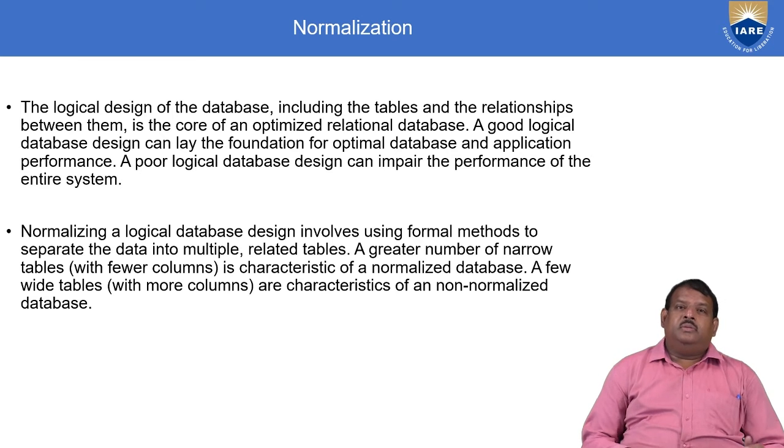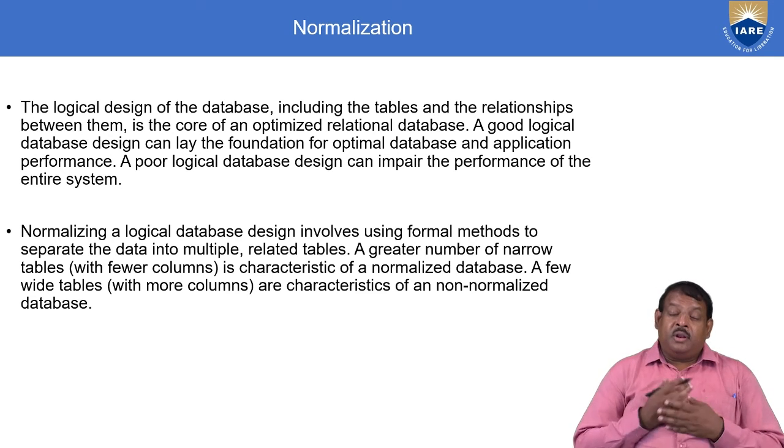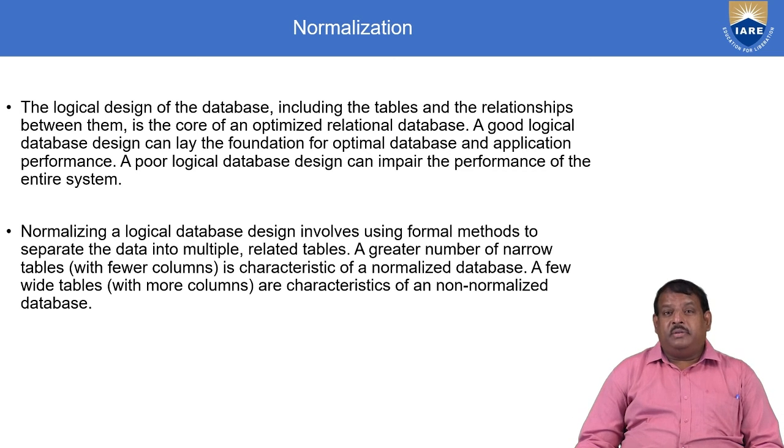Normalizing the logical database design involves a formal method to separate the data into multiple tables. So what is normalization? Breaking the data into multiple tables. A greater number of narrow tables with few columns is a characteristic of a normalized database.